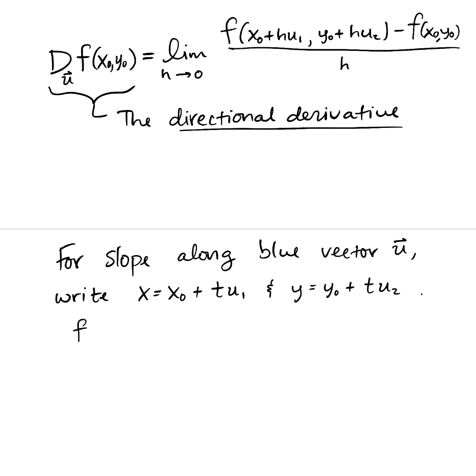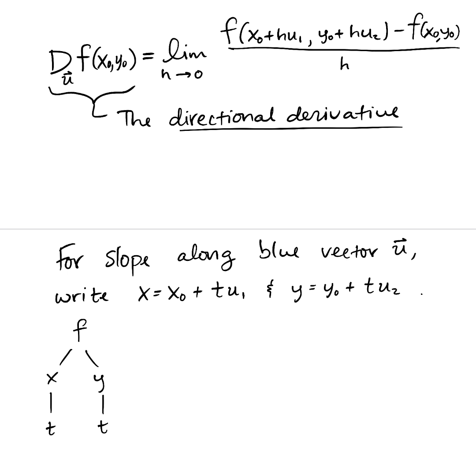So the function f depends on x and y for sure. But if we're restricting ourselves to that blue line in the direction of the blue vector, x and y really just depend on t. And so in that sense, f just depends on t.